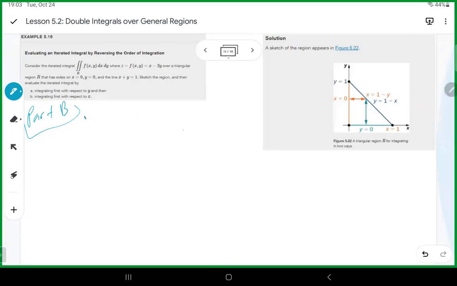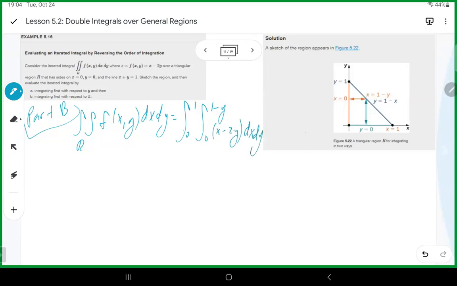So again, we have to start with our overall statement. It's just going to be 0 to 1, and then 0 to 1 minus y, x minus 2y, dx dy.